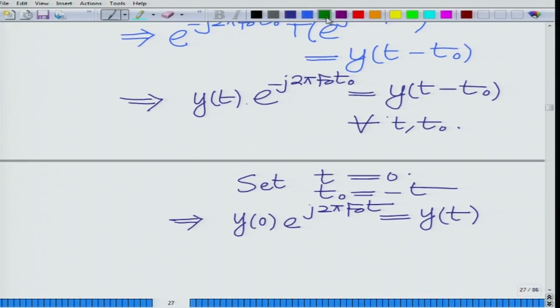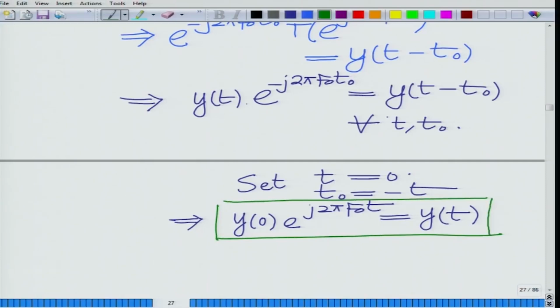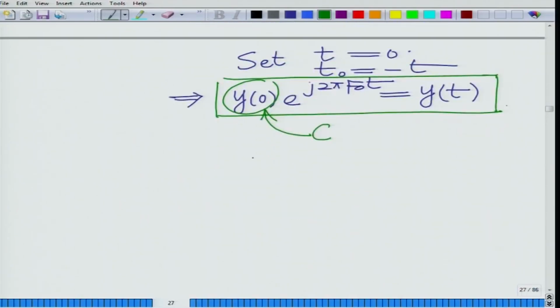So what we have been able to show is that y of t equals y of 0 times e to the power of j 2 pi f naught t.